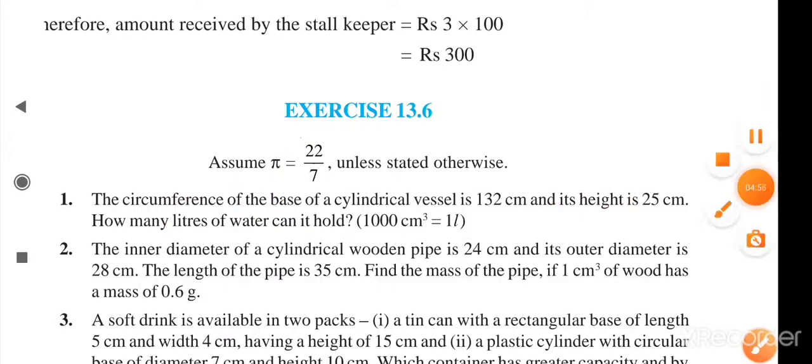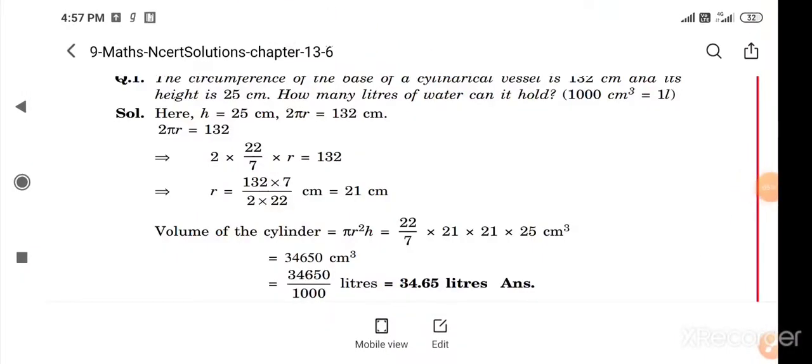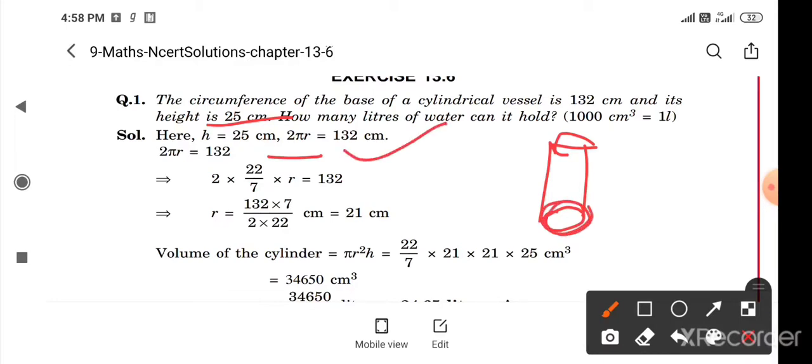Now see, in question number 1, the circumference of the cylindrical vessel is given, and the height of the cylinder is also given. Since the base of the cylinder is a circle, the circumference of the circle is 2 pi r. 2 pi r is 132 centimeter.